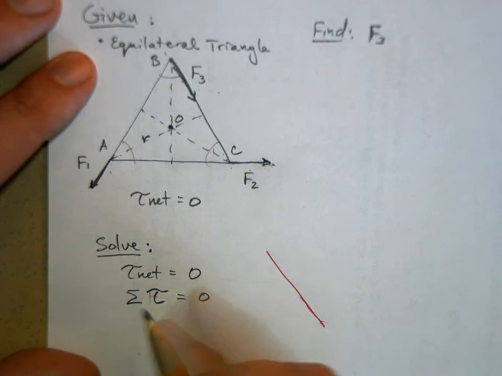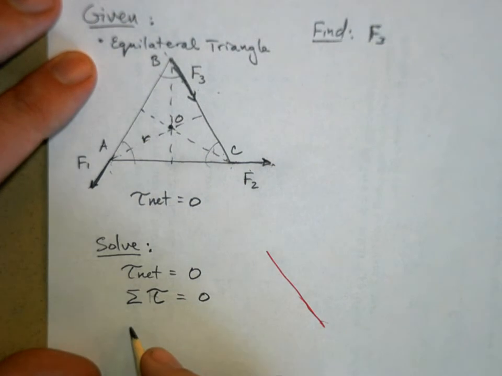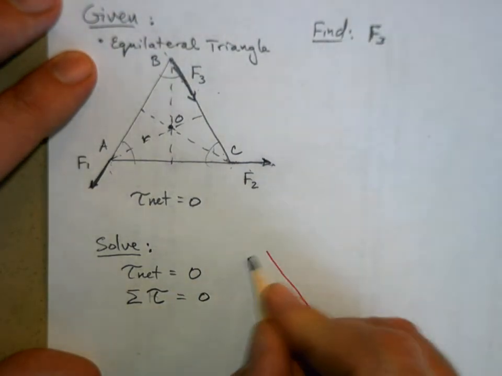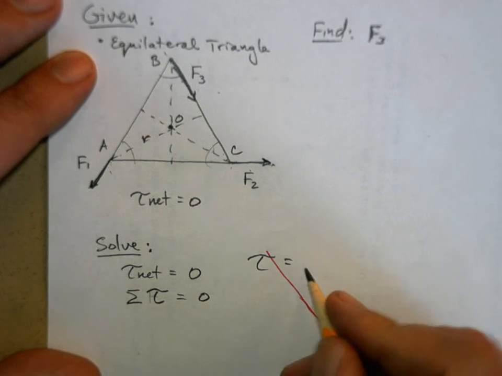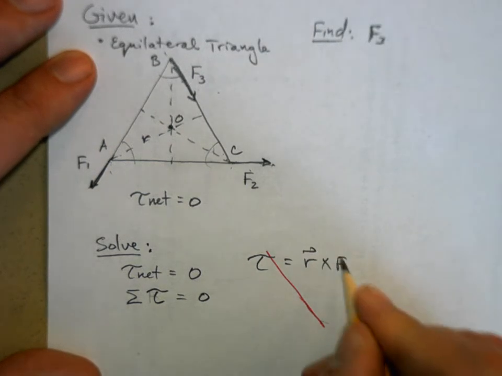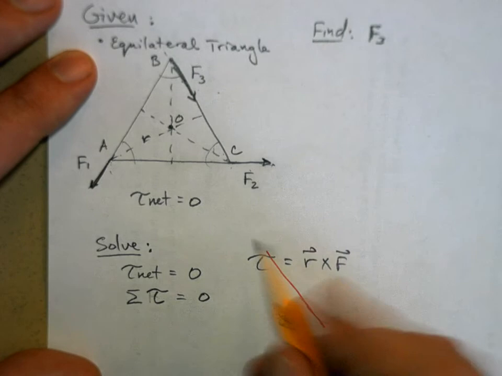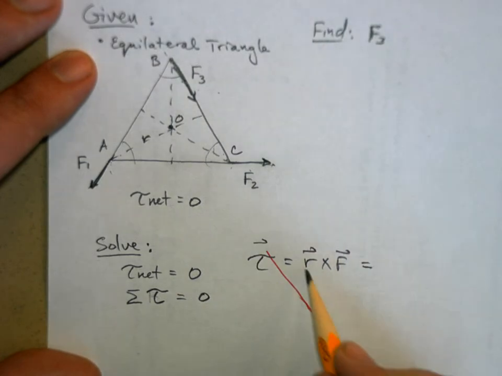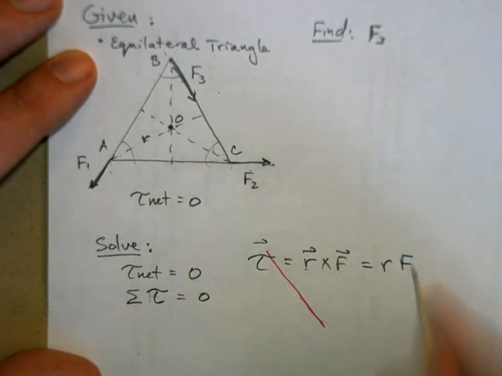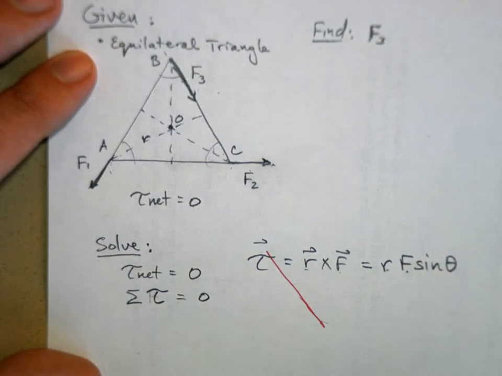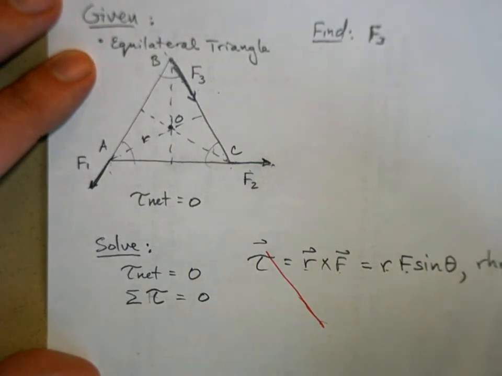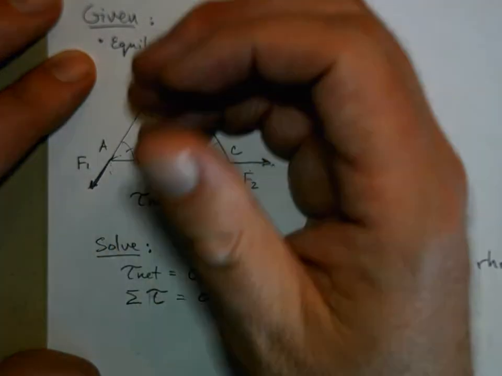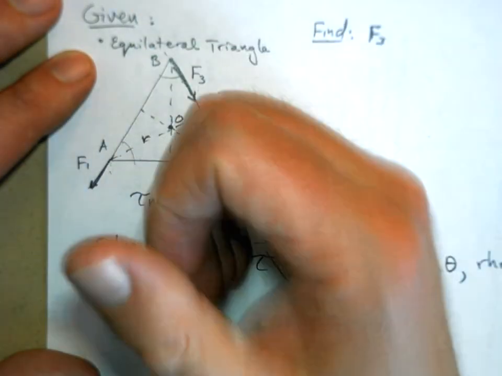Well, we know that torque is equal to R cross F. That's R times the force times the sine of the angle between R and F. That's the definition of a torque. And what direction is it? Well, you use the right-hand rule.